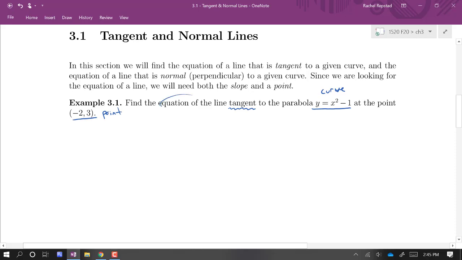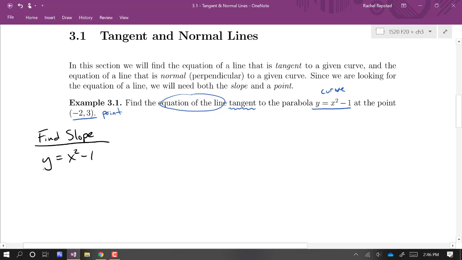Now we want an equation of a line. And to get the equation of a line, we need the slope and we need a point that the line goes through. So they've given us the point. We're going to use calculus to find the slope. So our curve is y equals x squared minus 1.